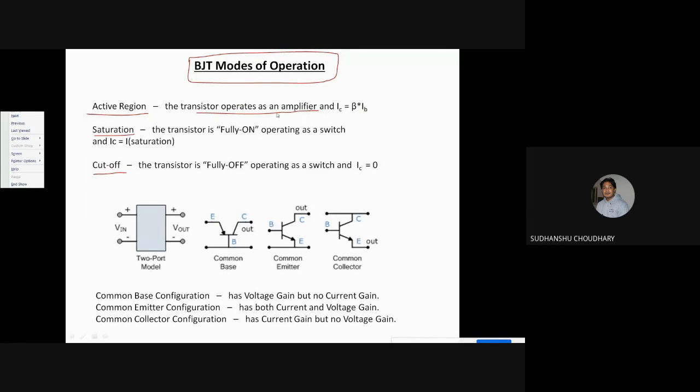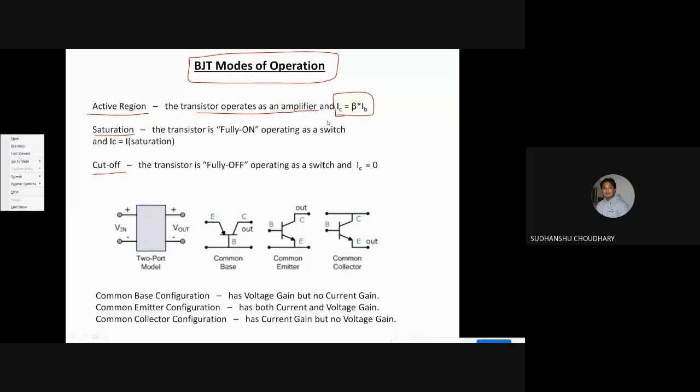However, in a MOSFET we utilized the saturation region for amplification, whereas in a BJT the active region is utilized for amplification, where the collector current has a relationship with the base current.